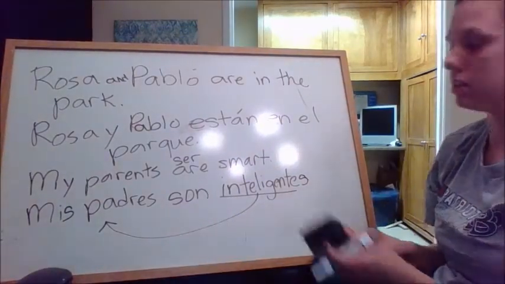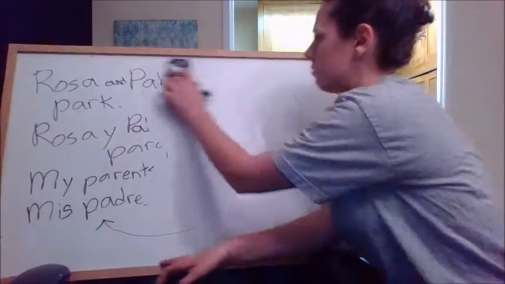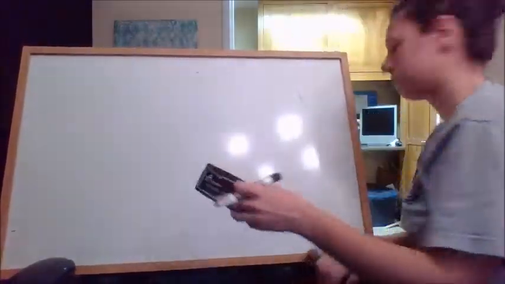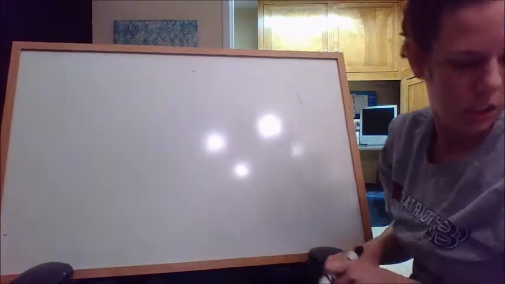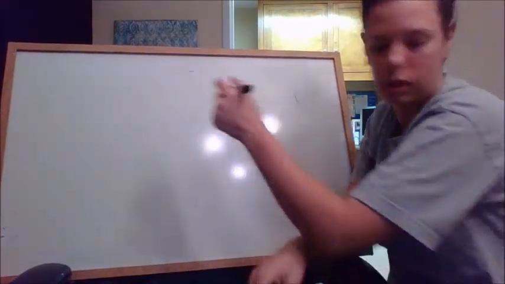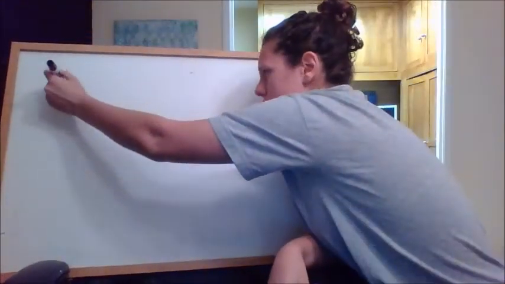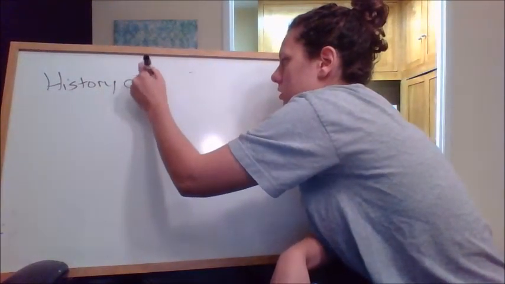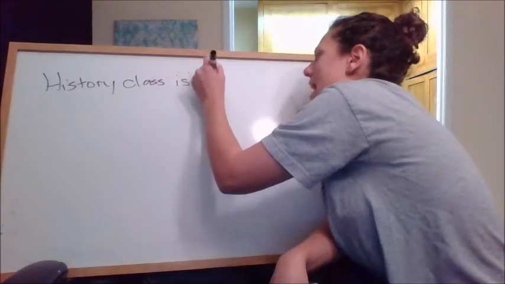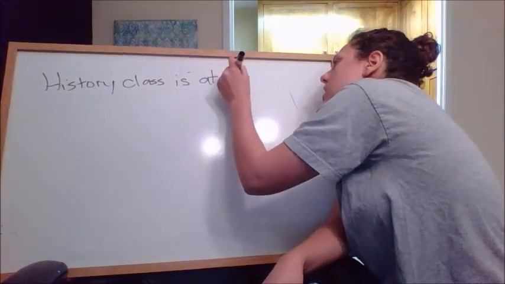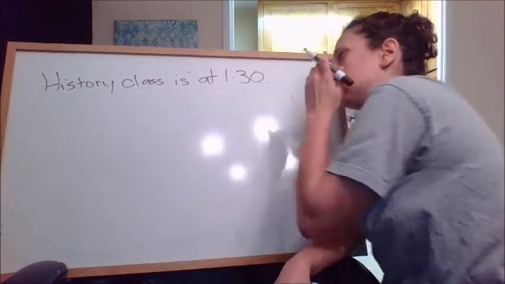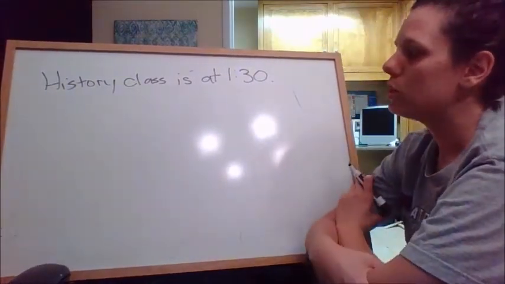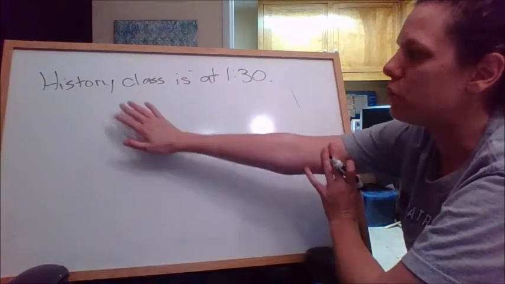Then you might have a sentence like, history class is at 1:30. Okay. So remember, we talked about this with identification.